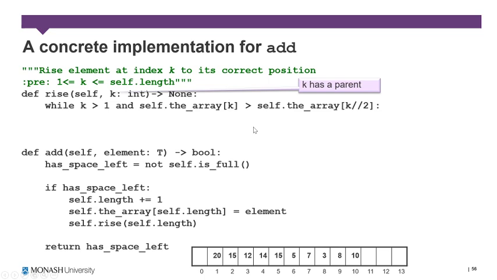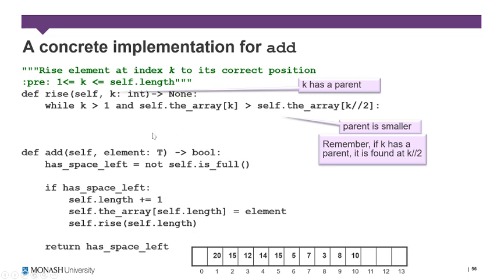So in this case, if k is greater than 1, obviously it will have a parent. And if the parent is smaller, then that means we have to rise it up, so we need to swap them. Essentially what we have to do is keep rising it up while we're not at the root node, and whilst it's not in the correct order.